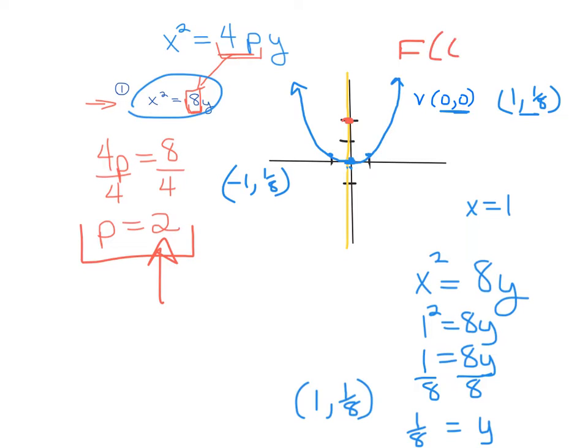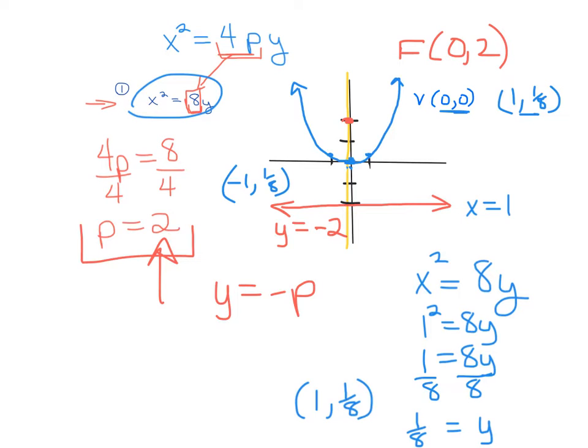My focus ordered pair is 0, 2. My directrix goes in the other direction. So it's going to be 2 units on this side. And it's going to be the equation y equals -2.